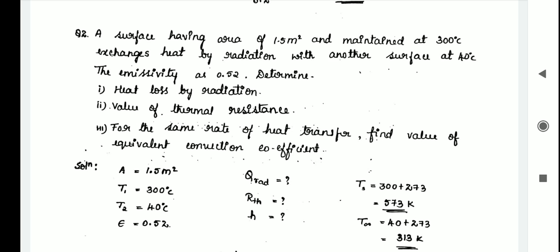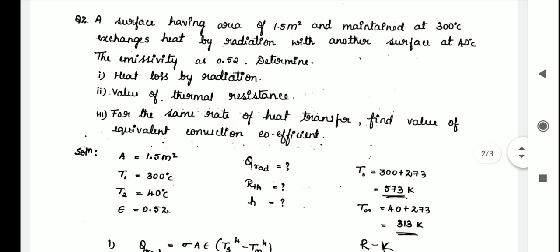Determine the heat loss by radiation, the value of thermal resistance, and, for the same rate of heat transfer, the value of the equivalent convection coefficient. Here we have to find Q radiation, thermal resistance R thermal, and H, the heat transfer coefficient.